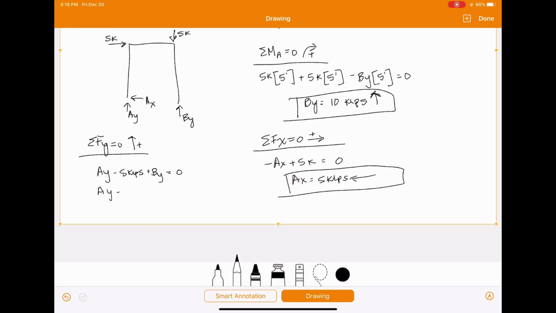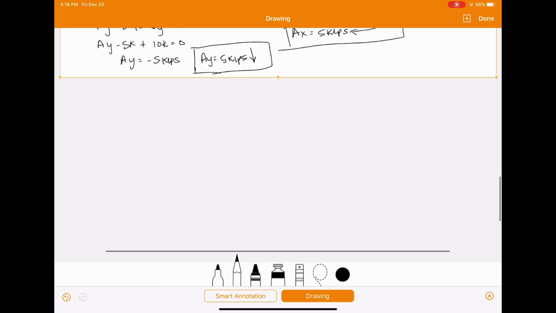So AY minus 5 kips plus 10 kips equals 0. So AY is going to equal negative 5 kips. Now, all that negative means is that we assumed our direction incorrectly. So really, AY is going to equal 5 kips down. All right. So that would be how you would find your reactions for a frame.